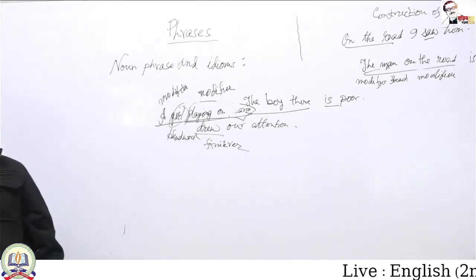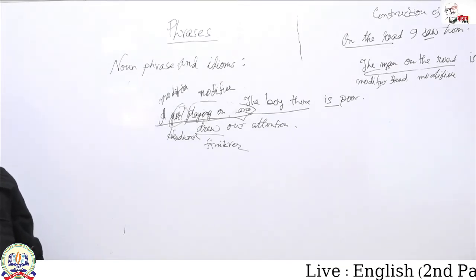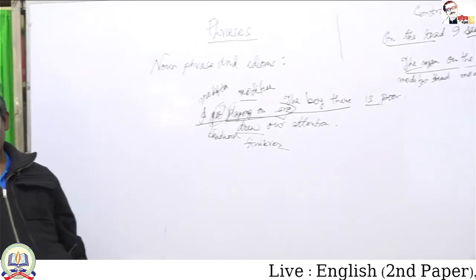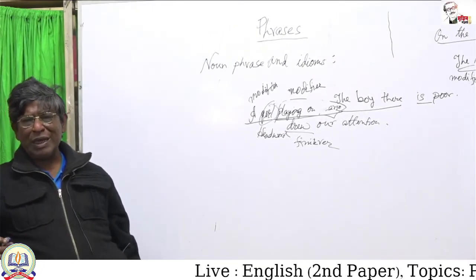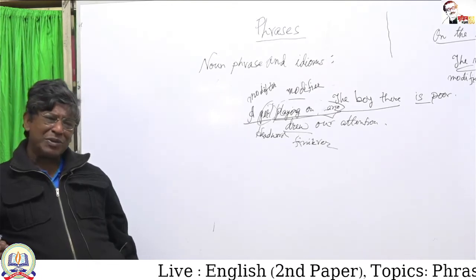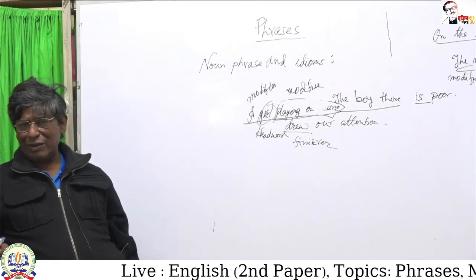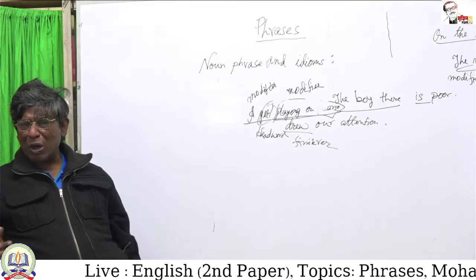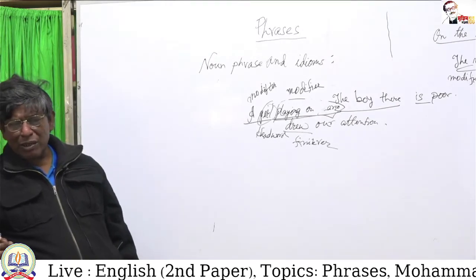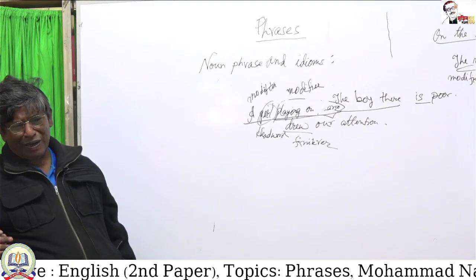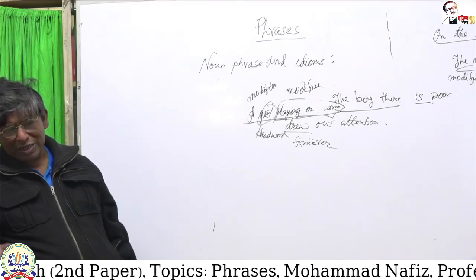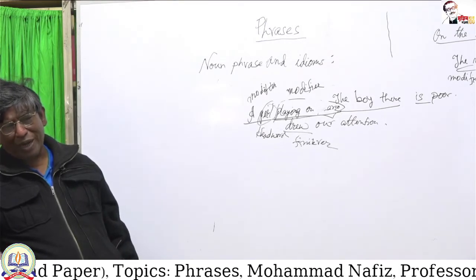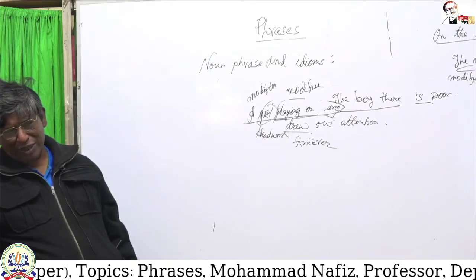Well, one thing to remember is that in the other phrases like verb phrase, adjective phrase, adverb phrase or prepositional phrase, the items are identical. For example, in all adjective phrases, adjectives are followed by a prepositional phrase.